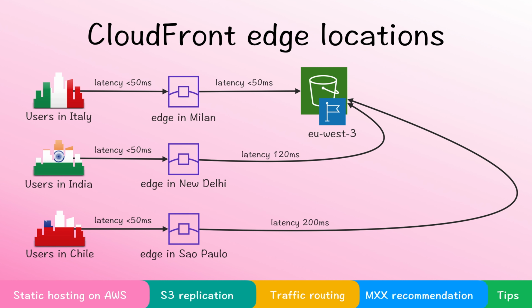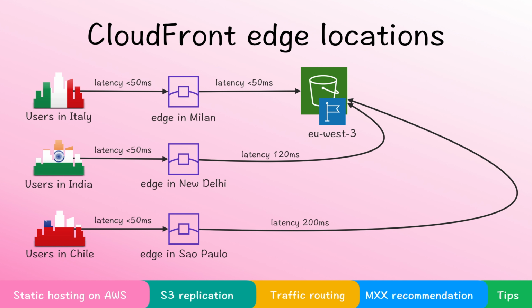But because we have only one S3 bucket, latency between the edge location and the S3 bucket depends on the region of the S3 bucket. Sometimes it's really slow. In case the S3 bucket is deployed on another continent, it can easily be 200 milliseconds. So if an object is cached, it will be fast anyway, but if the object is not present in the cache, then sometimes the user might experience latency like 250 milliseconds, maybe even more.